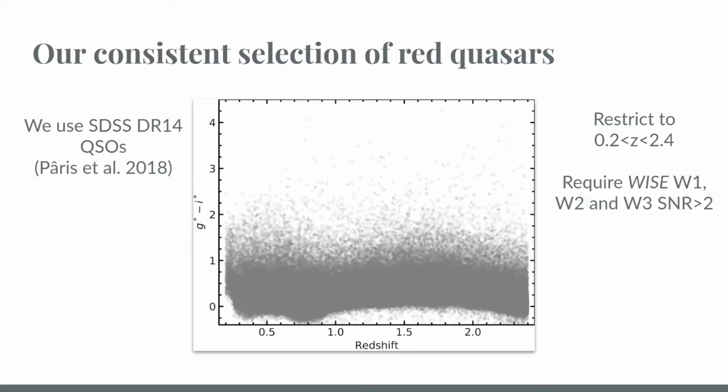So there's many groups that look at these reddened quasars, but we believe we've got a consistent selection of red quasars because we also select a control sample in a similar fashion so that we can compare our results. So for all of our work, we use Sloan Digital Sky Survey quasars. These are optically selected. And then for the parent samples, we restrict to a redshift range of 0.2 to 2.4.